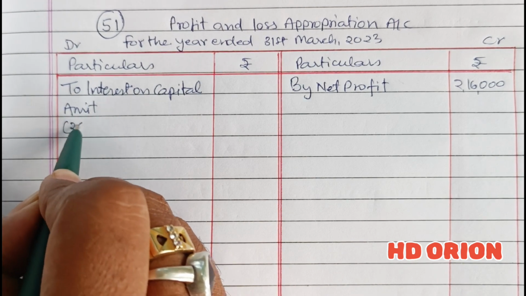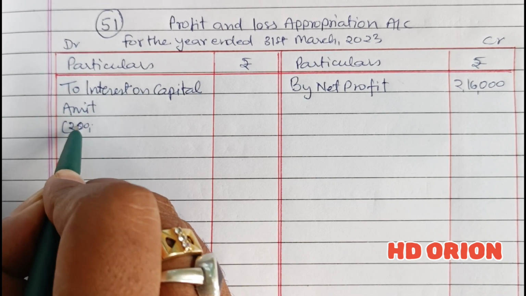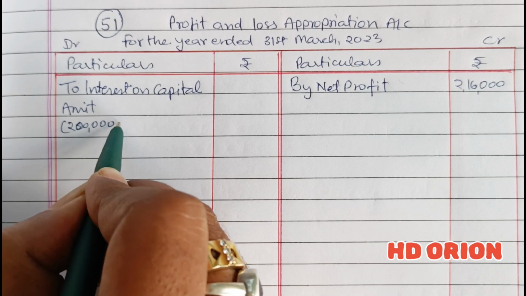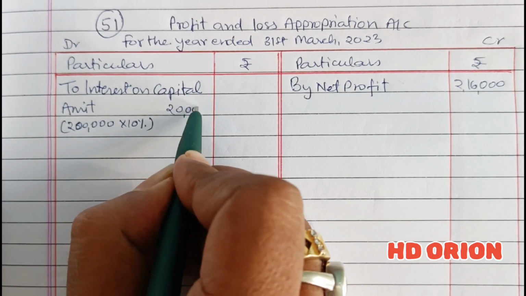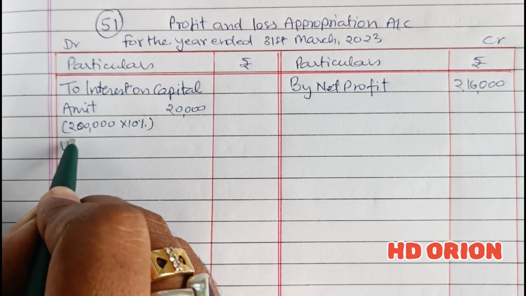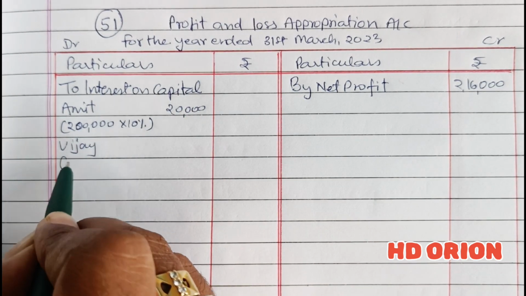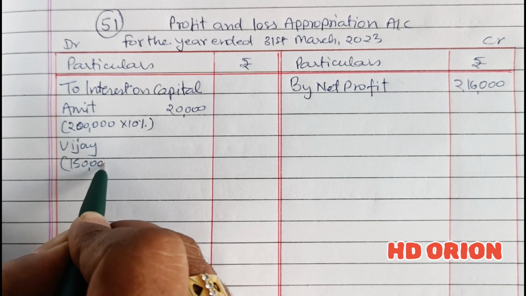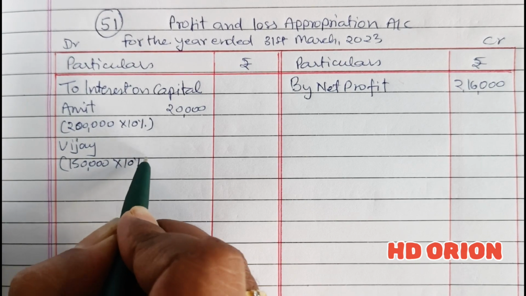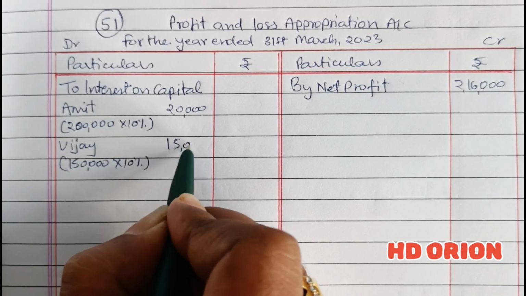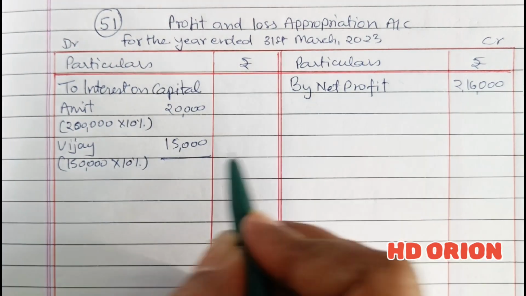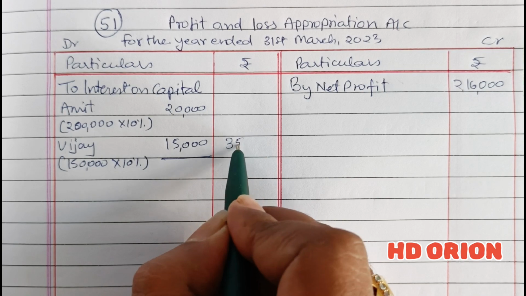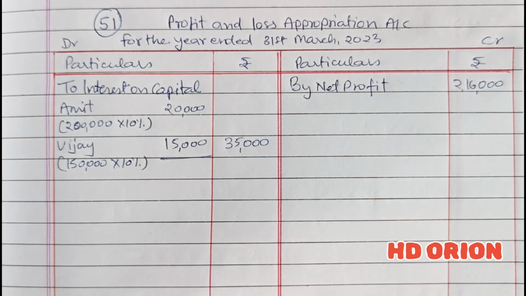Amit's capital is rupees 2 lakh, and the rate is 10%, so 20,000 rupees for Amit, and Vijay's capital is rupees 1,50,000. On this again 10%, so it is 15,000. So out of 2,16,000, 35,000 is appropriated to them as interest on capital.